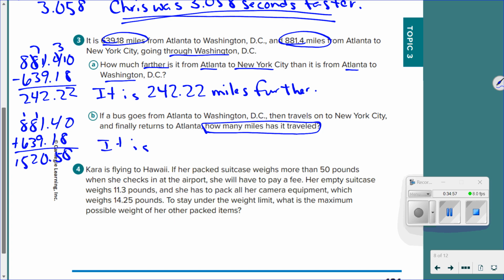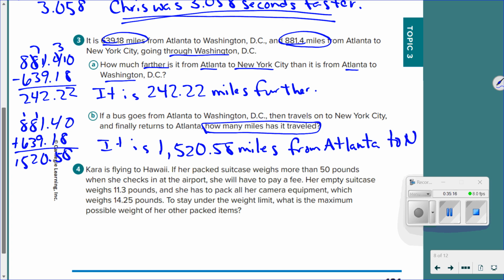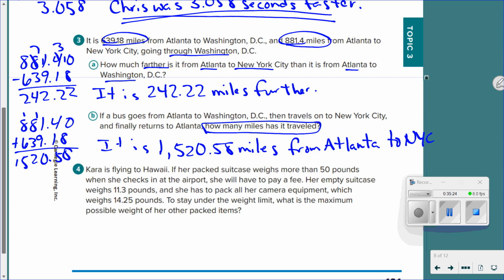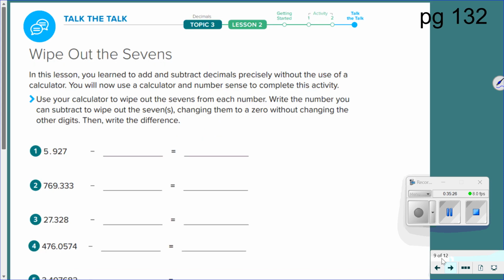It is 1,520 and 5,800 miles from Atlanta to NYC. She wants to know if you're supposed to add something back to it because they went back to Atlanta. It's a round trip. Oh, thank you. I should have doubled it. But I was hurrying so I can get to the homework, so we're skipping that one too.